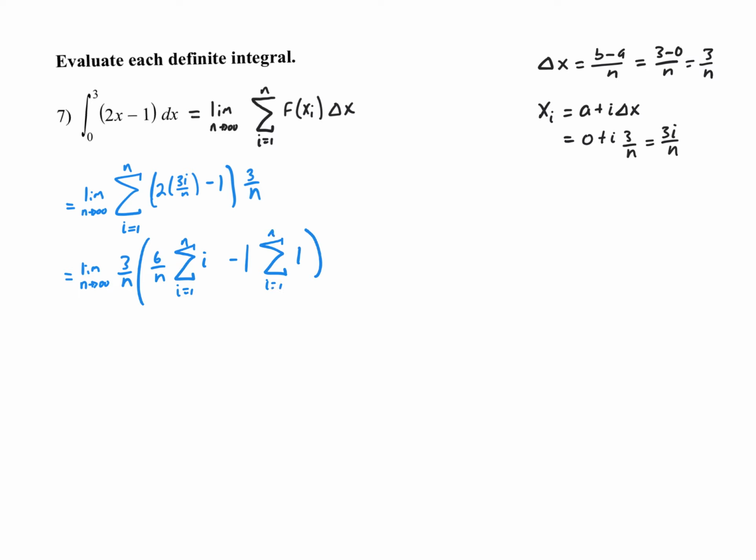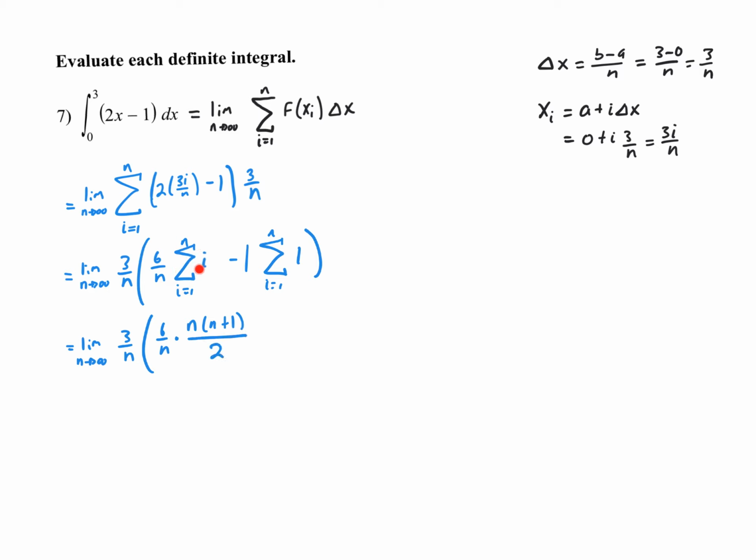Well, if I keep my finger there on page 777, it's going to be the same thing as the limit as n goes to infinity of 3 over n times 6 over n times n plus 1 over 2.